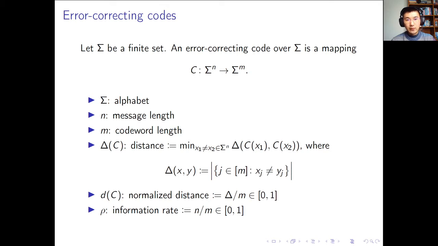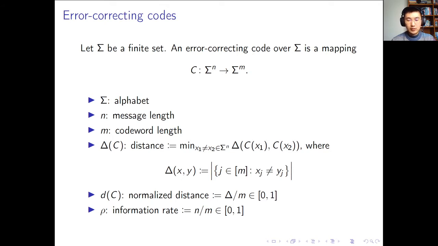Let sigma be a finite set. An error correcting code over sigma is a mapping C which maps n-symbol strings over sigma to m-symbol strings over sigma. Here sigma is the alphabet, n the message length, m the codeword length. Delta of C is the distance of the code, which is a very important parameter.